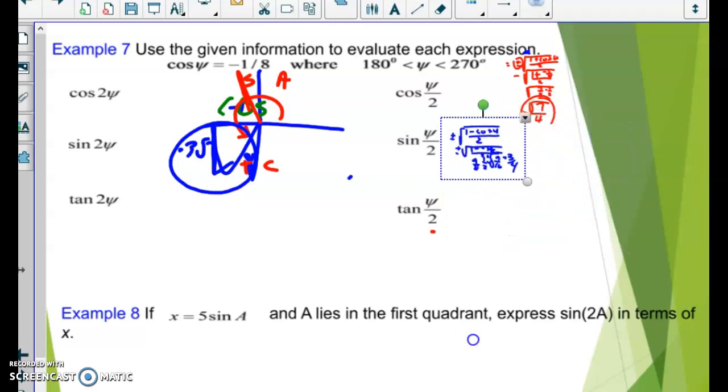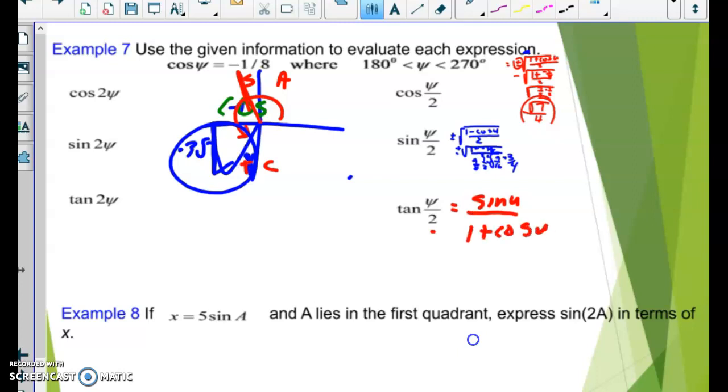And the last one here is the tangent. If I look at my formula, I'm going to have the sine of u over 1 plus the cosine of u. And we already know that the sine is the opposite over the hypotenuse.